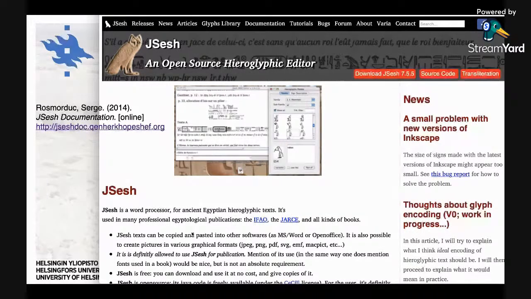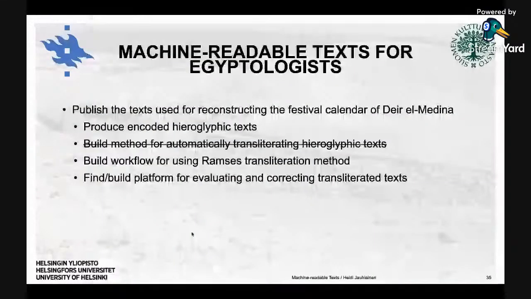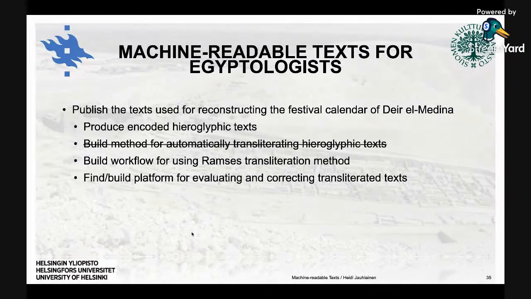Now, of course, it seems that I can use the automated transliteration method built by Serge Rosmorduc, which is great. Rosmorduc had a much larger training corpus as he was using the texts produced by the Ramses project already.